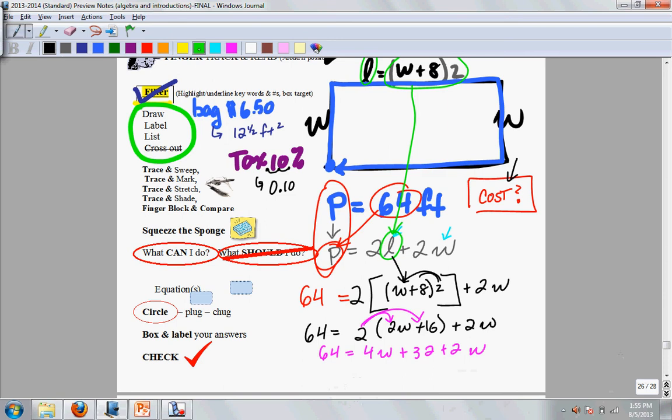Now we continue to solve by collecting like terms. And we're going to take this 32 over. So now we have 32 equals 6W. We're going to divide by 6.